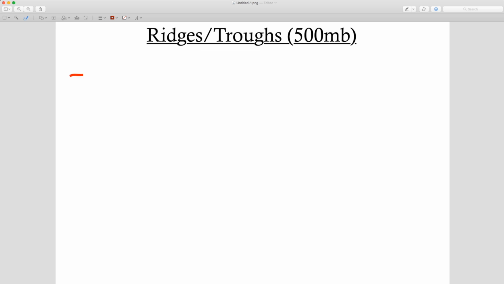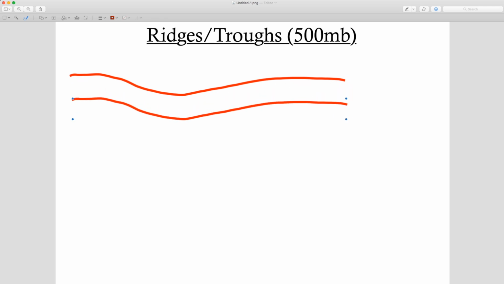Let's just do a simple one here. These are going to be your geopotential height contours. Say you have something like this.